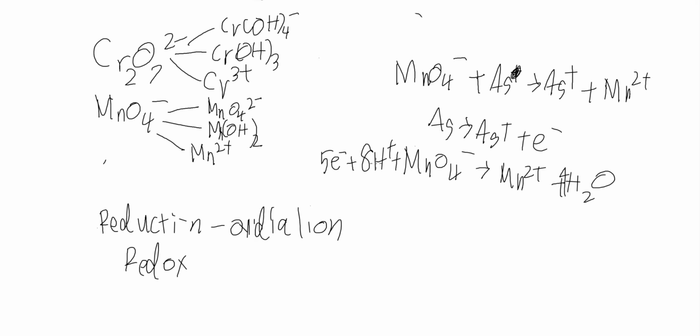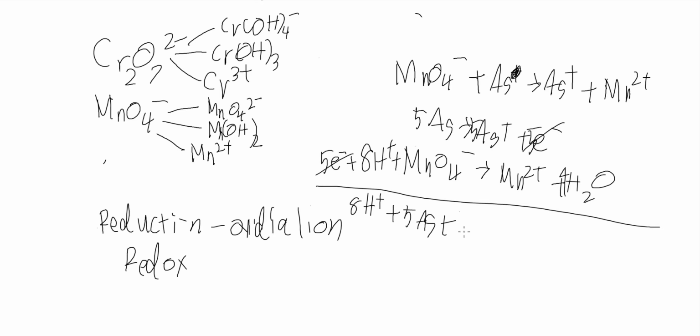And now we can add the equations together. Since there are no electrons in any ionic redox equation, we have to multiply both sides by 5, cancel the electrons, and we have 8H+ plus 5Ag plus MnO4- turns into Mn2+ plus 4H2O plus 5Ag+.